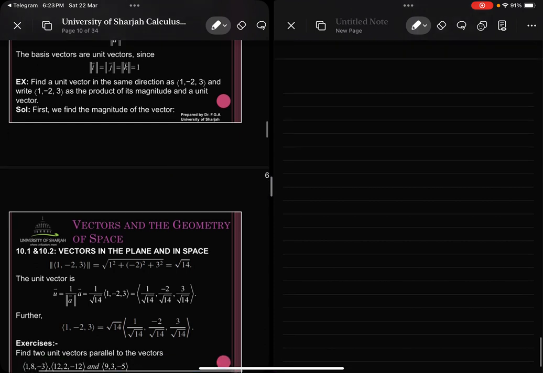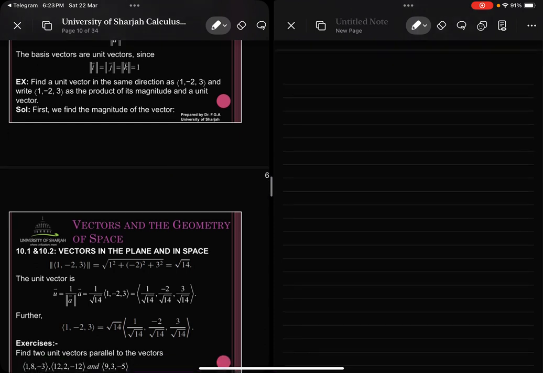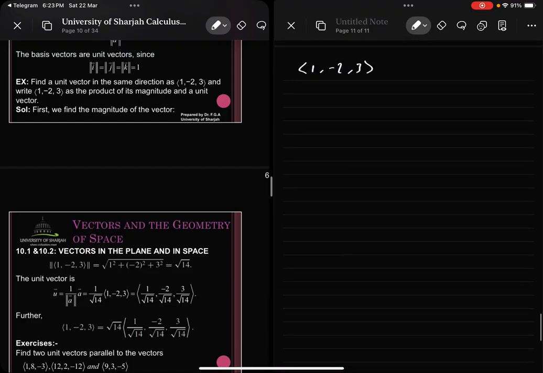So let's take an example. Find a unit vector in the same direction as 1, -2, 3, as the product of its magnitude and unit vector.